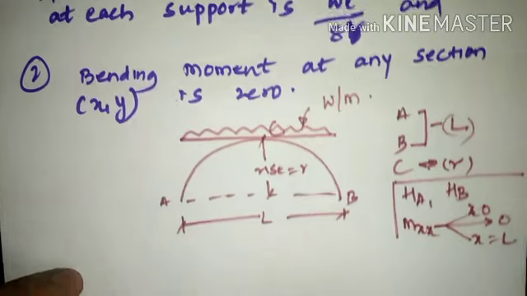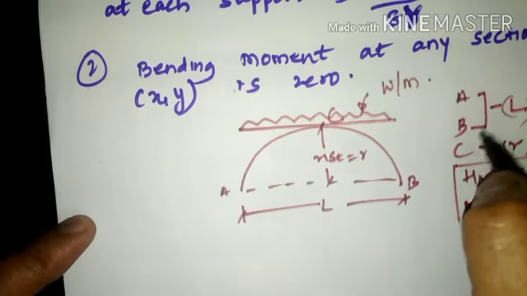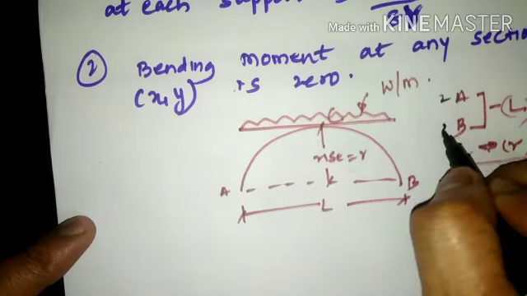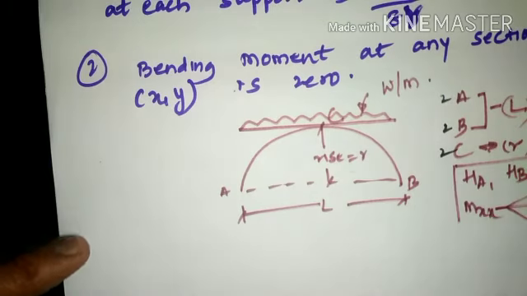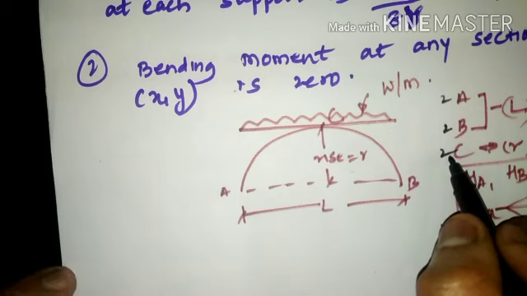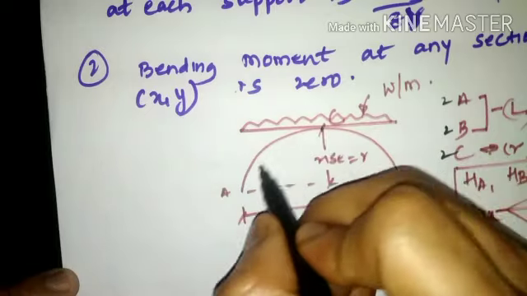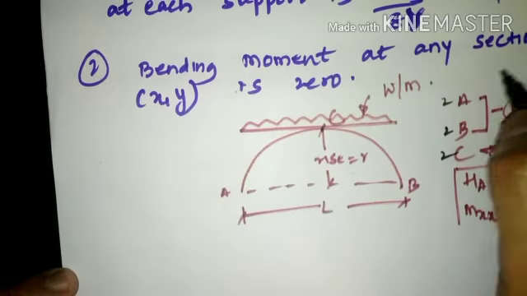To begin with, since A is a hinge, B is a hinge and C is a hinge, A will have two reaction components, B will have two, and C will have two. The two reaction components at C get nullified because AC is the left side section and BC is the right side section.